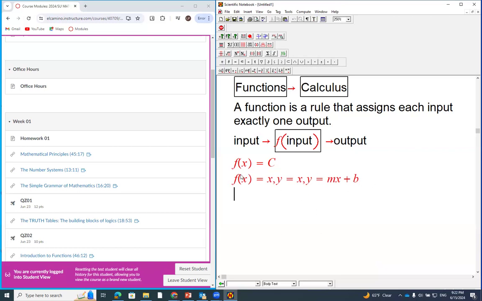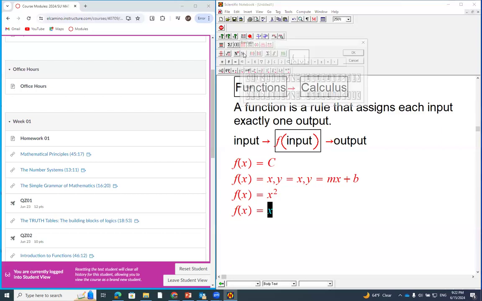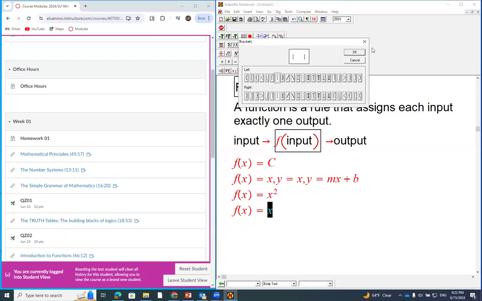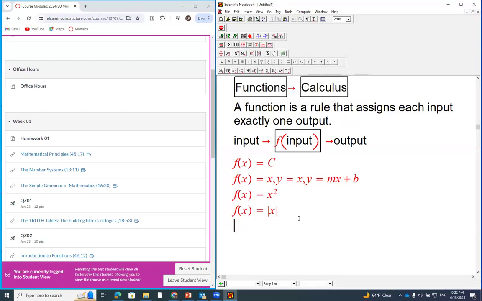Another function may be f of x equals x squared. Another may be f of x equals the absolute value of x, and f of x equals x raised to the power 3. All of these are called functions. So maybe 1 over x.